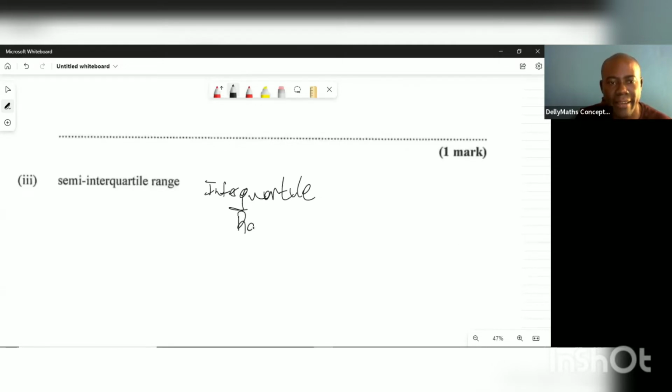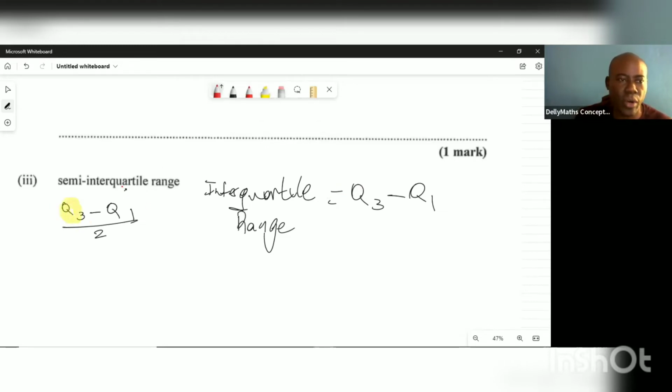The word range helps us understand that it's the biggest quartile minus the smallest quartile. So this is the interquartile range. Semi would mean half, so I'm going to go Q3 minus Q1, over 2. That's where we're heading. Definitely we have Q3 already, but I need to go and find my Q1, and then we put it all together.